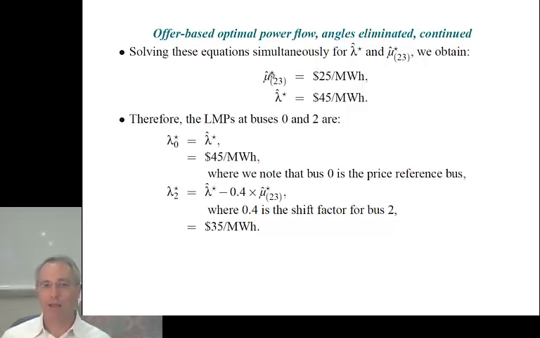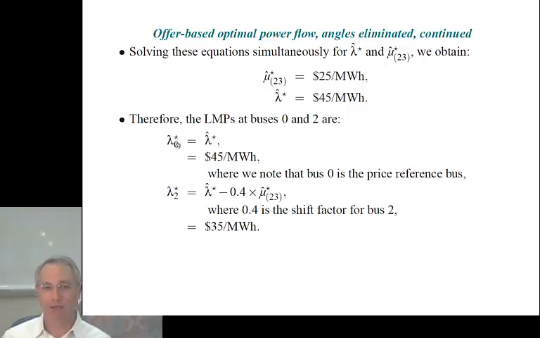That gives us mu hat star 2, 3 is $25 per megawatt hour. That's the Lagrange multiplier on the flow constraint. And lambda hat star is $45 a megawatt hour, which is the LMP at the price reference bus, which is bus 0. Therefore, the LMP at bus 0 is given by that price.